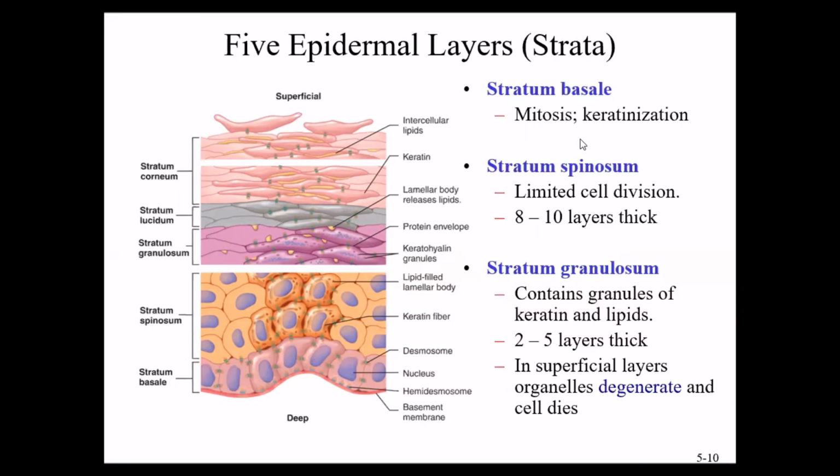This is starting the process called keratinization, which eventually is going to add keratin protein to your cells. It's a single layer thick here, and you basically have fully functional, living cells that are dividing, going through mitosis to make other cells. The next layer on top of that, the more superficial layer, is called the stratum spinosum.